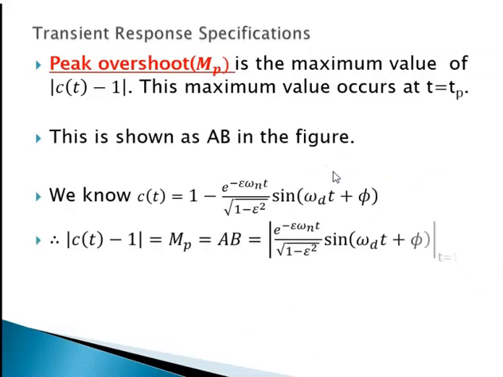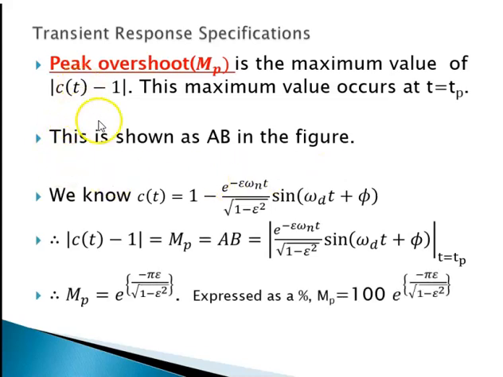We define peak overshoot to be the magnitude of C of t minus 1. This maximum occurs at time t is equal to Tp, because we evaluated the derivative equal to 0 at Tp. So if you simplify, we know this is this and C of t is this.